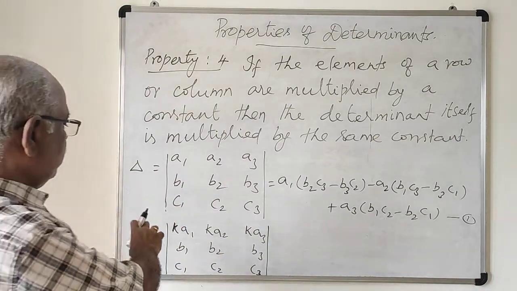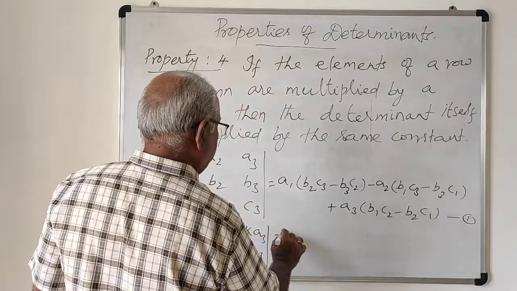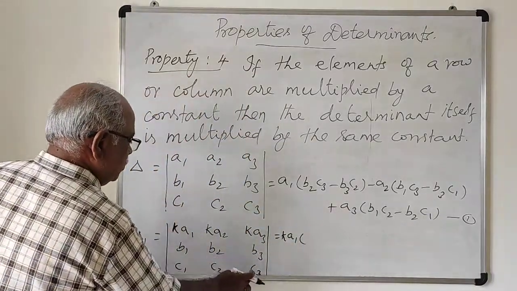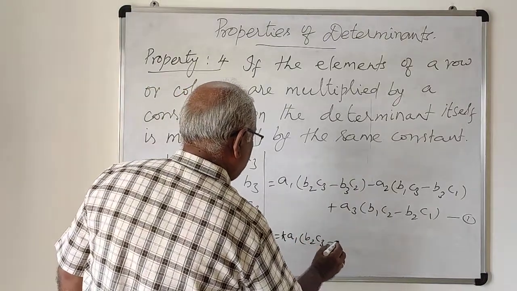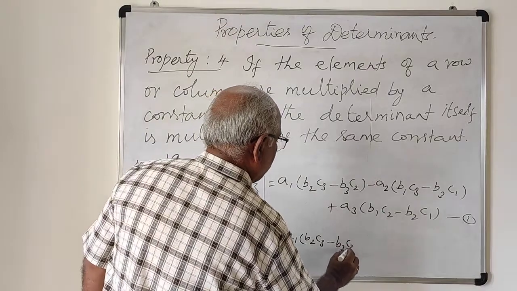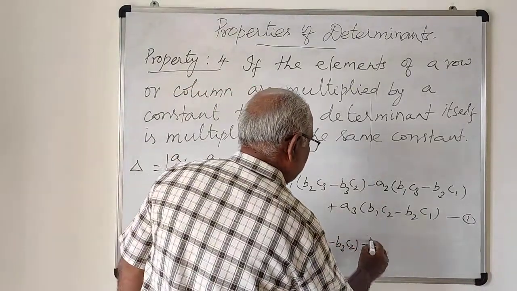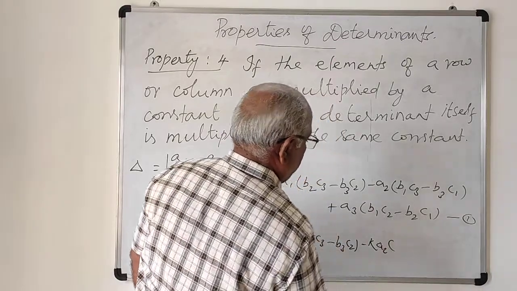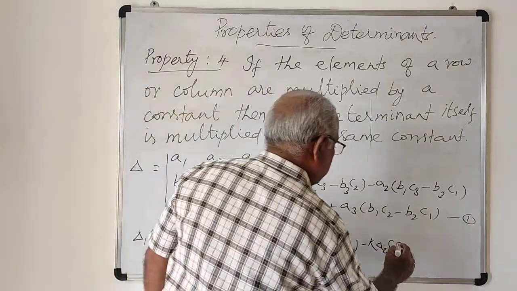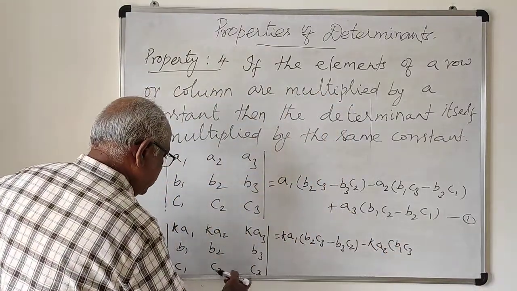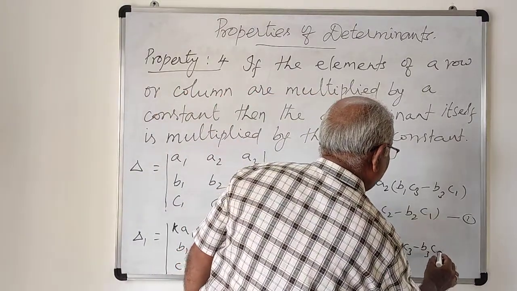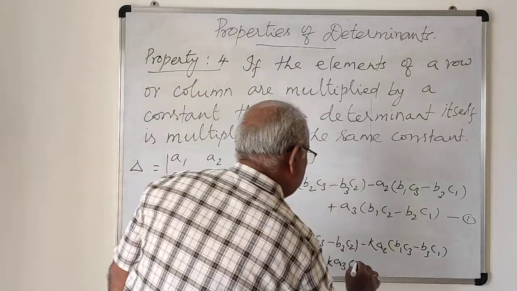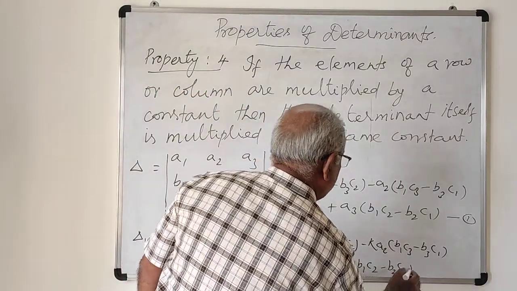Now expanding again using the first row: Ka1 into (B2 C3 minus B3 C2), minus Ka2 into (B1 C3 minus B3 C1), plus Ka3 into (B1 C2 minus B2 C1).